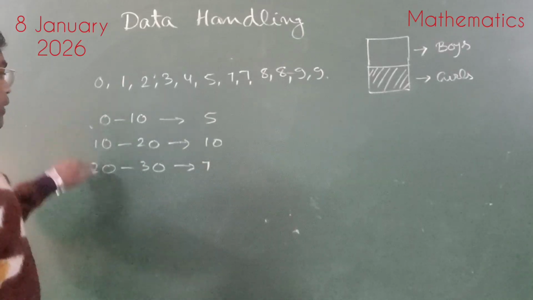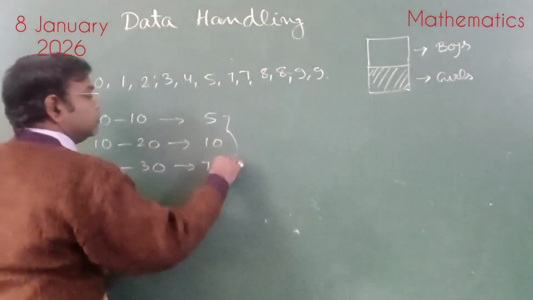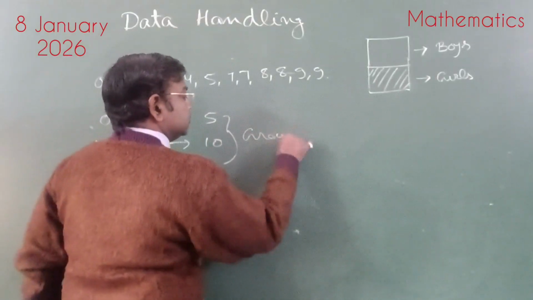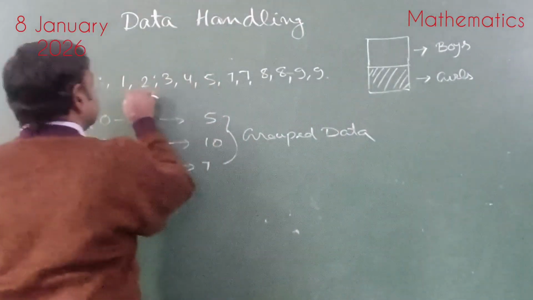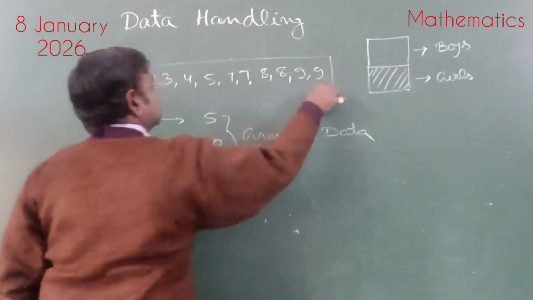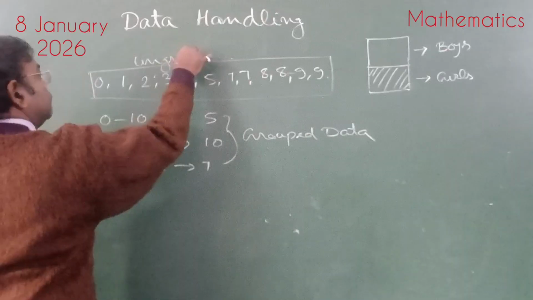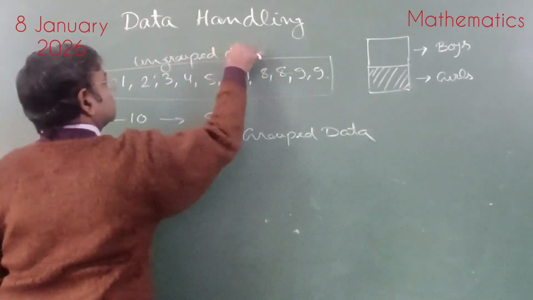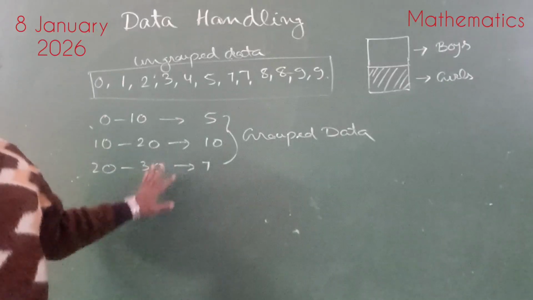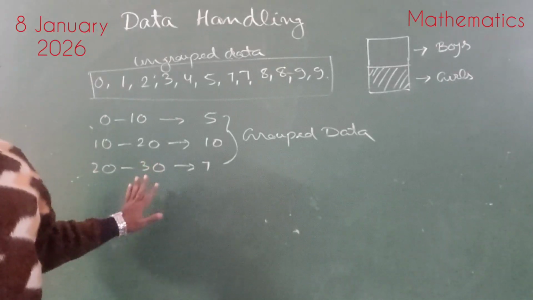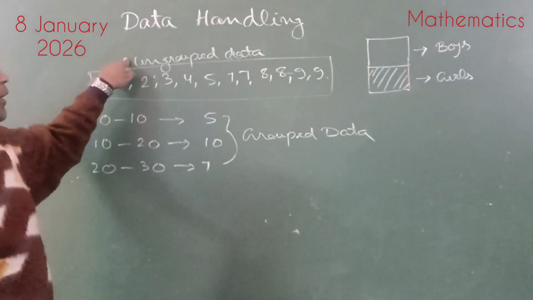This type of collection of data is known as grouped data, and the other one is ungrouped data. These are the basic things you must know for data handling. So this one is clear, ungrouped data and grouped data.